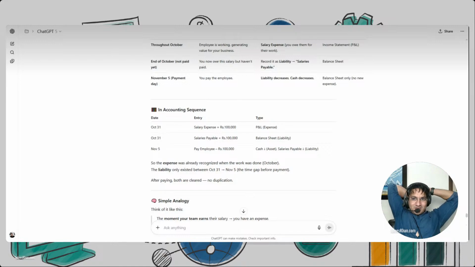And after October, we record that amount as liability till it is paid. But the question is, do we keep that record or not on both sides, in expense or in liability?